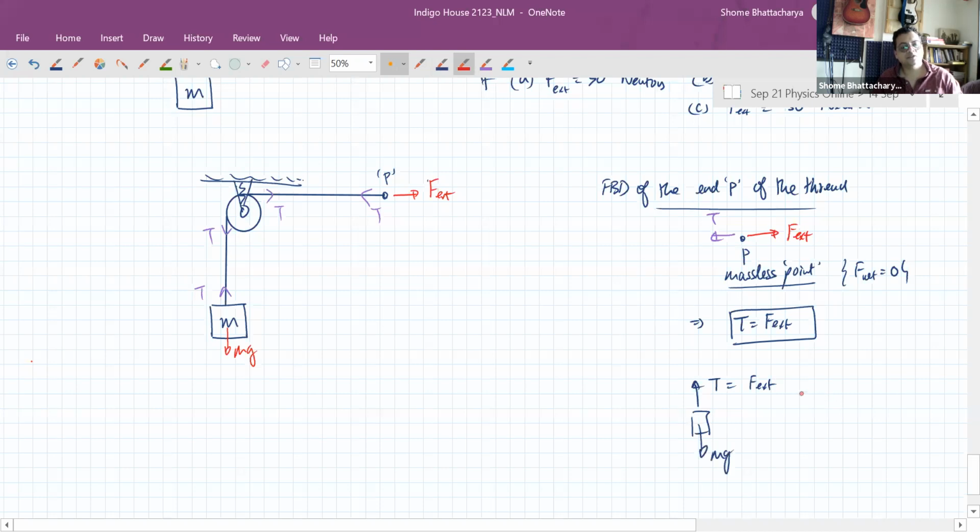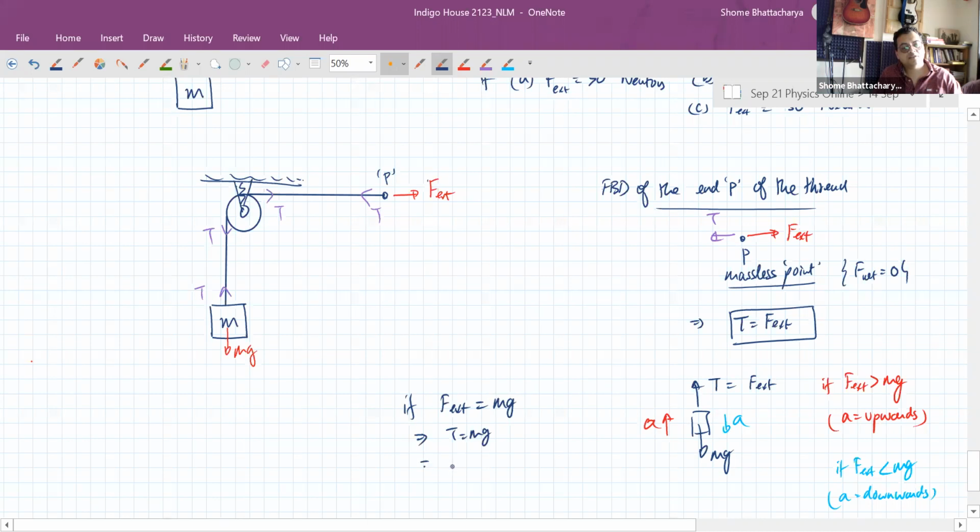So if the external force is greater than mg, then the block will accelerate upwards. If the external force we are applying is less than mg, then the block will tend to accelerate downwards. And of course, in the special case, if F external is equal to mg, so the tension in the thread is equal to mg, the acceleration of the block will be zero.